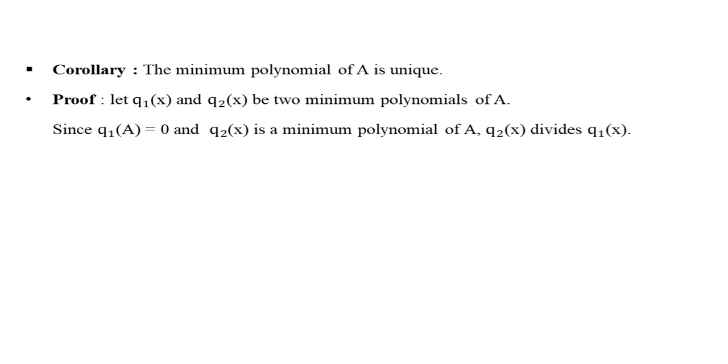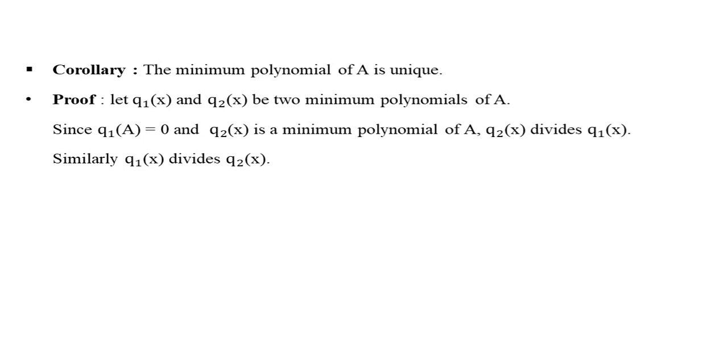Since q1 of A equal to 0, that means A satisfies the polynomial q1 of x, and we consider q2 of x as a minimum polynomial of A, then by the previous proposition we get q2 of x divides q1 of x. Similarly, we can show that q1 of x divides q2 of x.